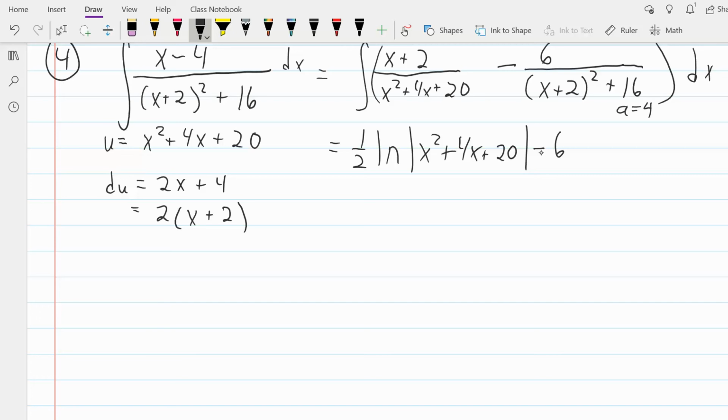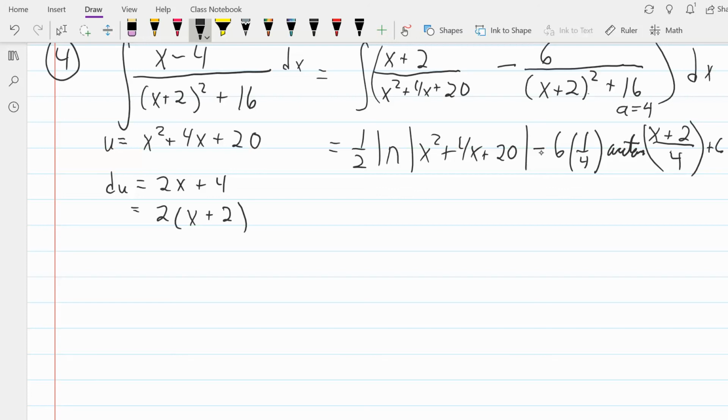Alright? And then I follow my arctangent formula. It's 1 over a, so that would be 1 over 4 times the arctangent of u over a. Remember, u is the thing being squared, so that's x plus 2 over a, so that's 4. And then plus c. Alright?